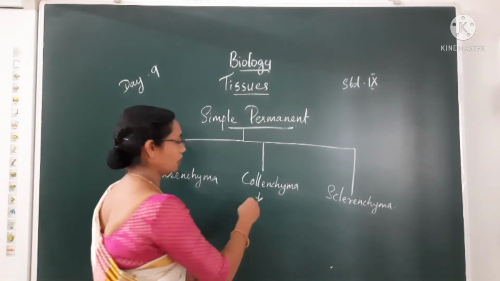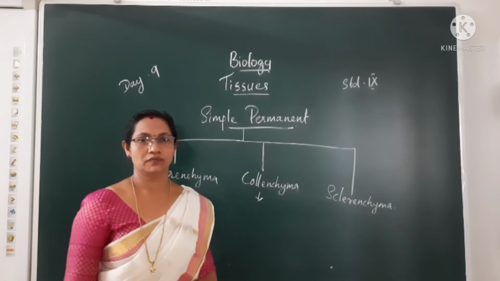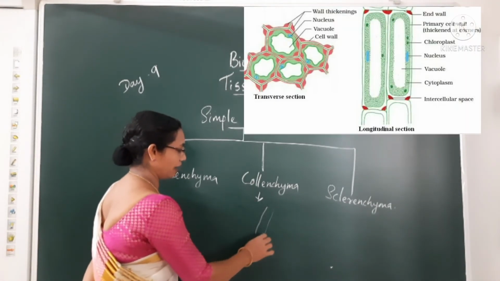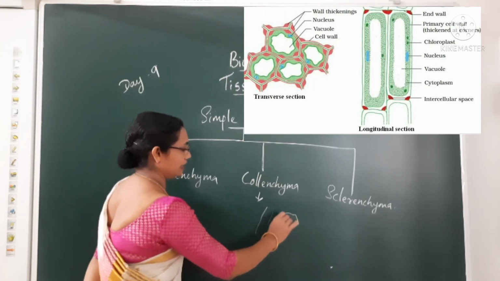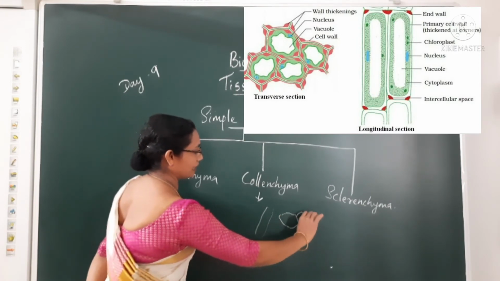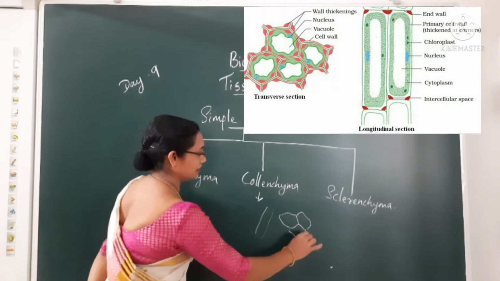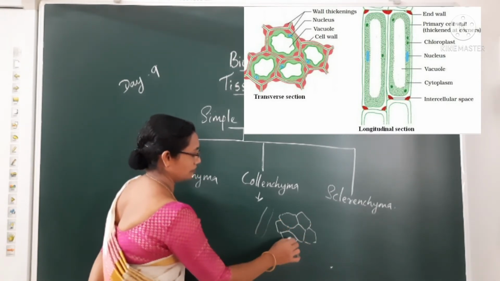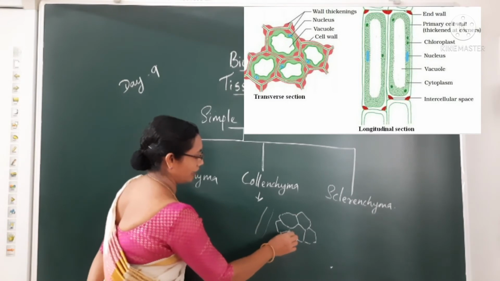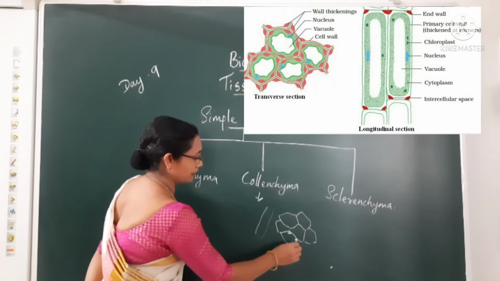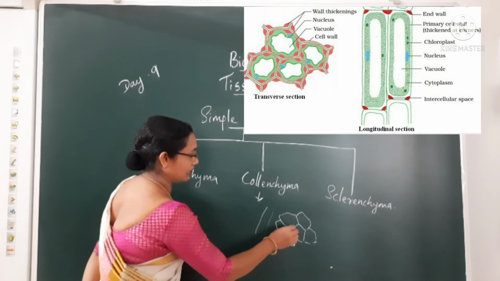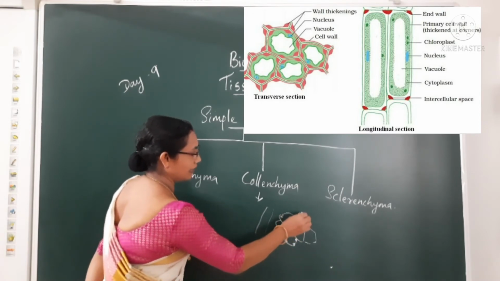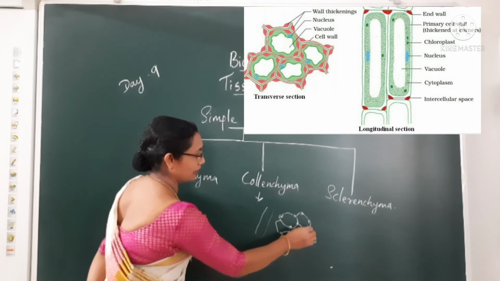Second one, collenchyma. So the cells are elongated cells, and in the cross section we can see that the cells are irregularly thickened at the corners, at the angles or at the corner regions.